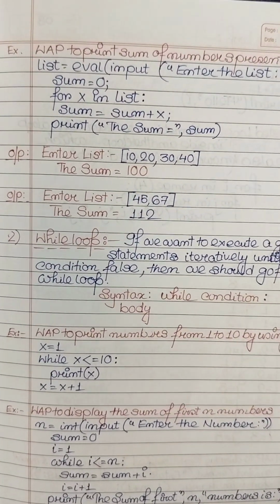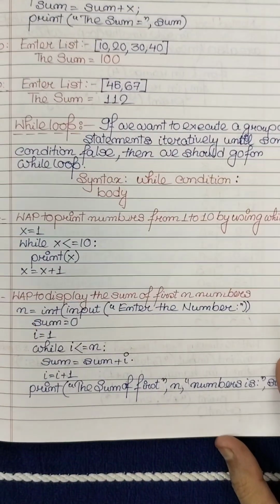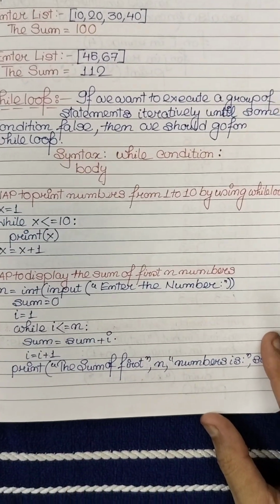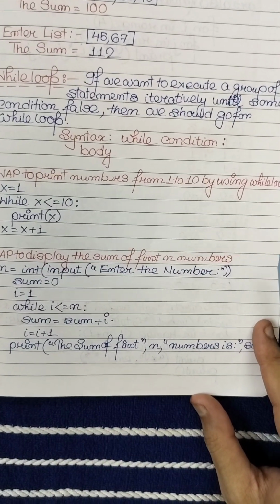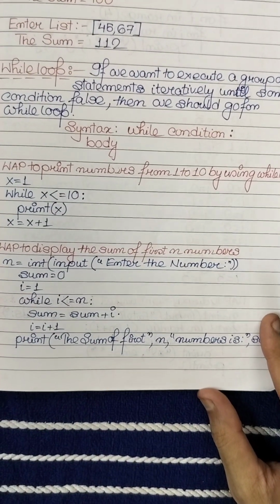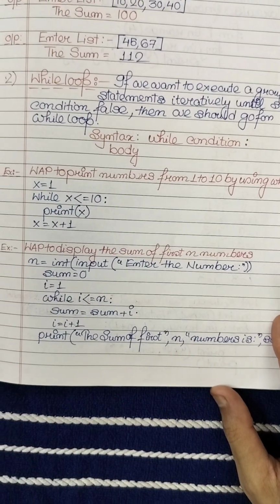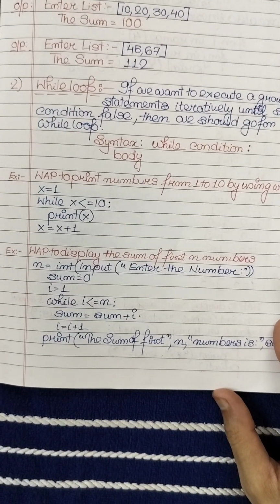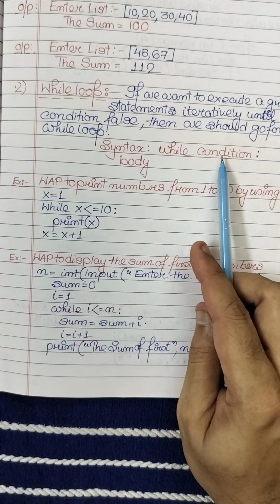Okay, good. The next is the while loop. If we want to execute a group of statements iteratively until some condition is false, then we should go for the while loop. Syntax: while condition, body.